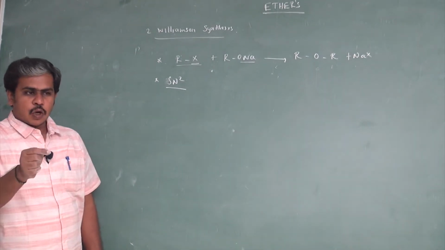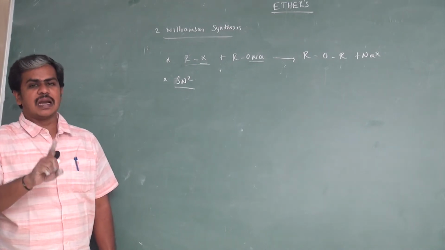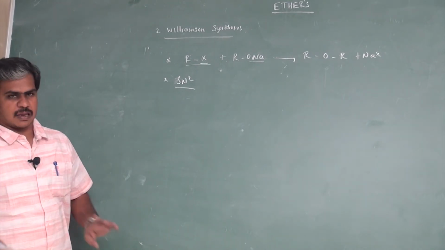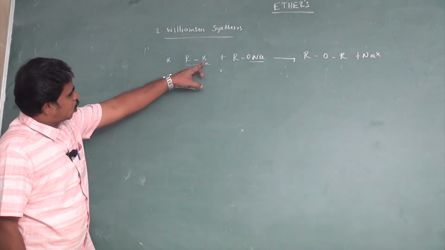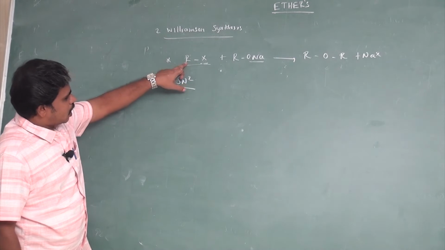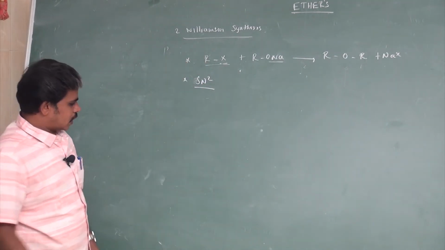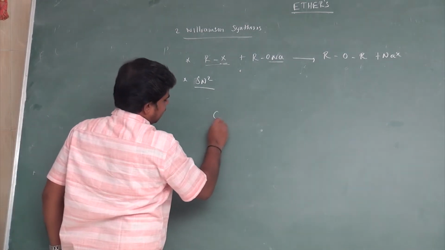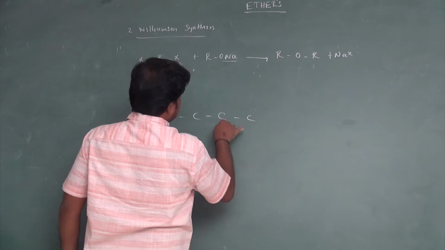A functional group attached to a carbon which contains only one alkyl group is known as primary. Or simply, a functional group is attached to a carbon which is attached with only one carbon group. Suppose we are taking carbon, carbon and carbon and carbon like this.